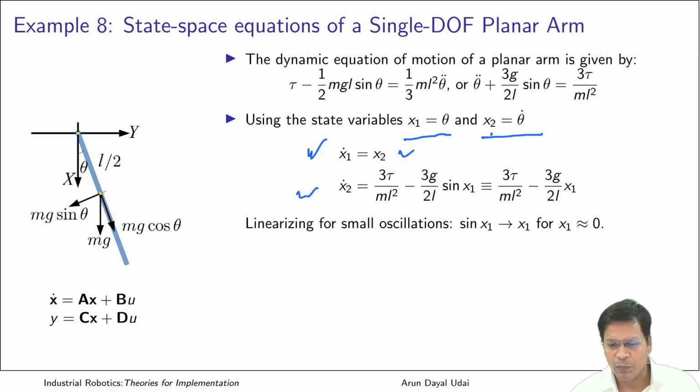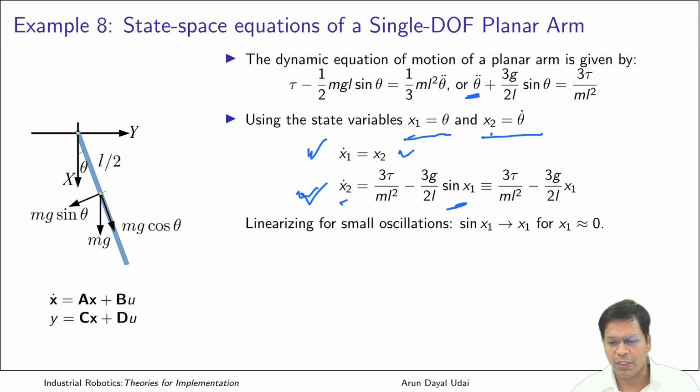Now the second one, theta double dot. Theta double dot is x2 dot, so that is equal to 3 tau by ml square minus 3g by 2l sine theta. So instead of theta I can write x1.